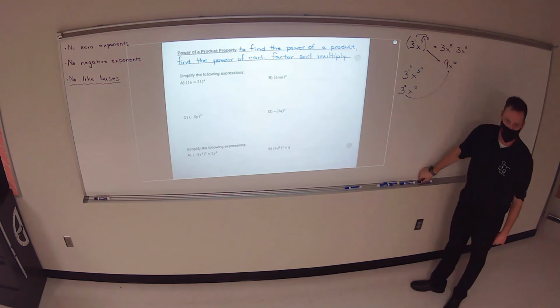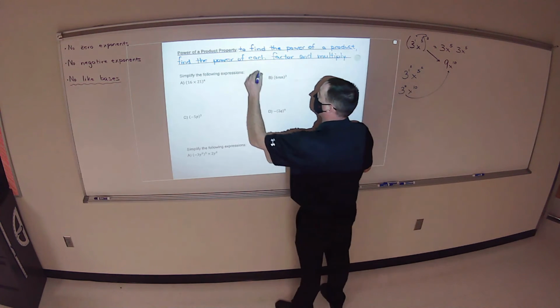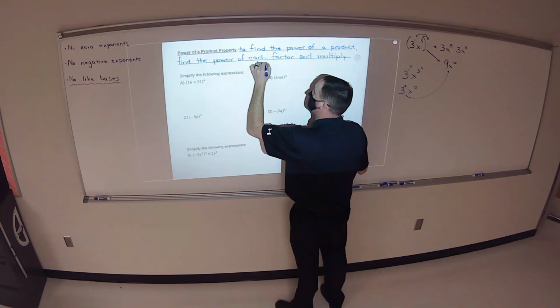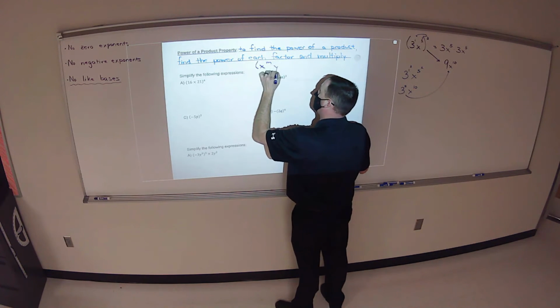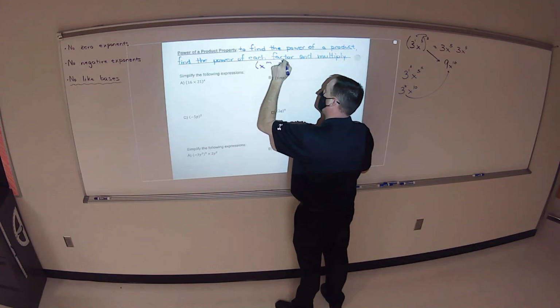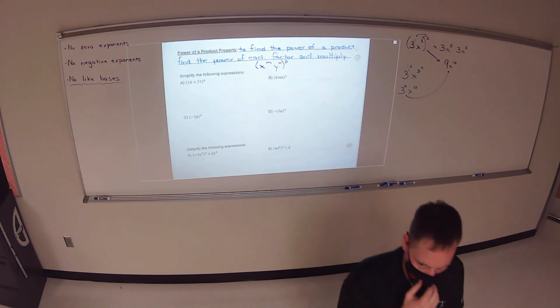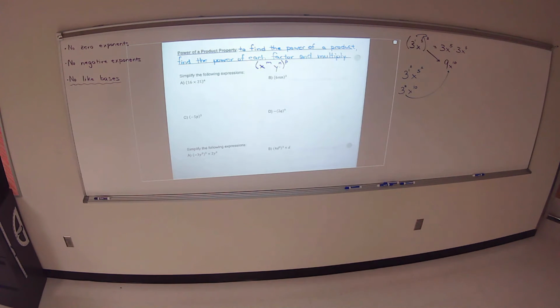Here's our example. This one's going to have a lot of variables, okay? But I want to make sure that it kind of covers everything that we need here. If we had x to the m, y to the n, and this is being taken to the p power. So I have two things inside my parentheses being multiplied together, and there's an exponent outside my parentheses.